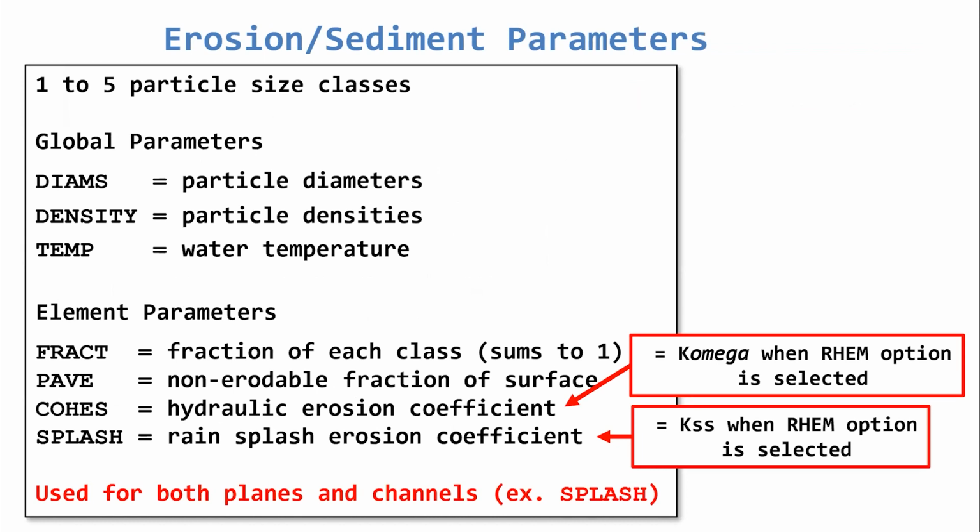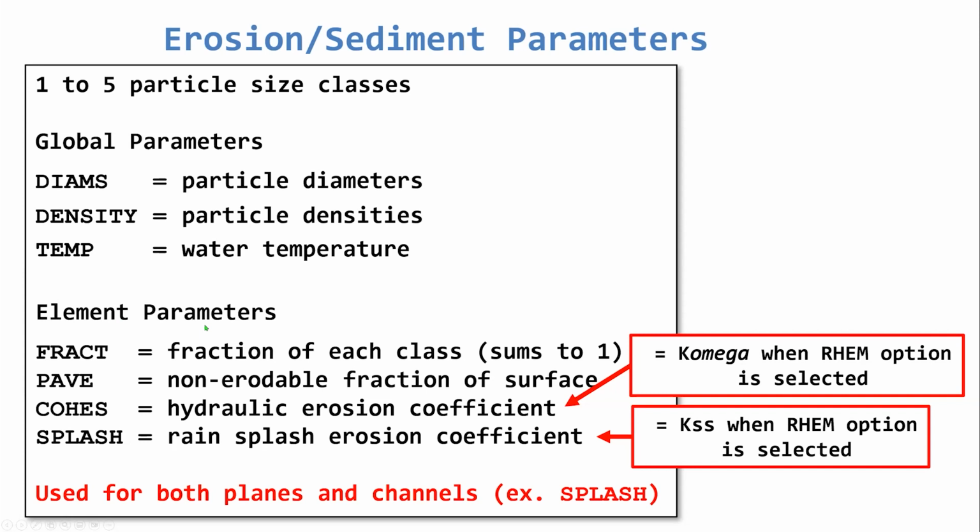Now, erosion and sediment particles. Again, we're going to have 1 to 5 particle size classes. And in the global parameters, you're going to specify the particle diameters, the particle densities, and the water temperature. Again, this affects the viscosity of the water and therefore how the particles will settle out.